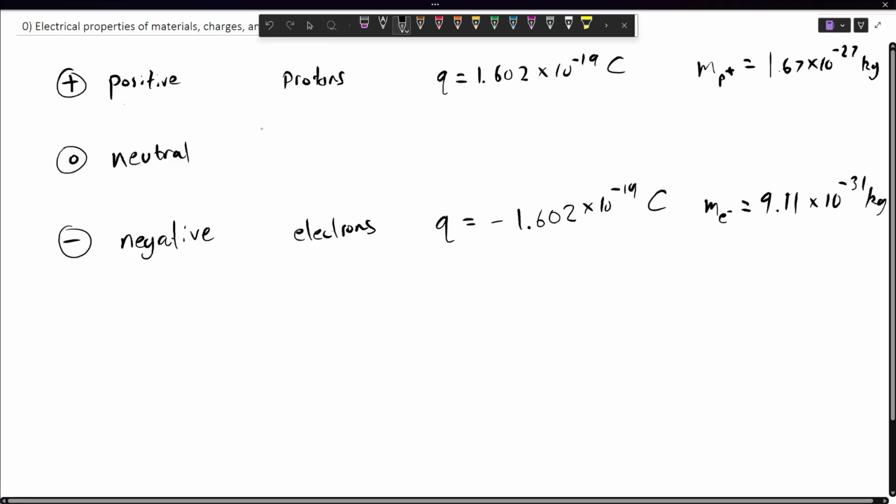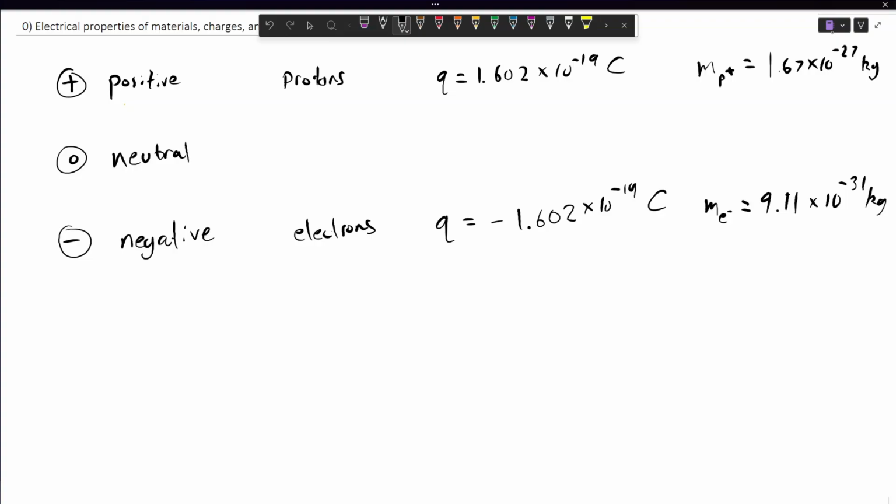So just looking at the orders of magnitude, with this prefactor close to the top and this one close to the bottom, it's roughly 1,000 off. It's about 3 more orders of magnitude of difference between these two particles, where 1,000-ish electrons would be as massive as one proton.